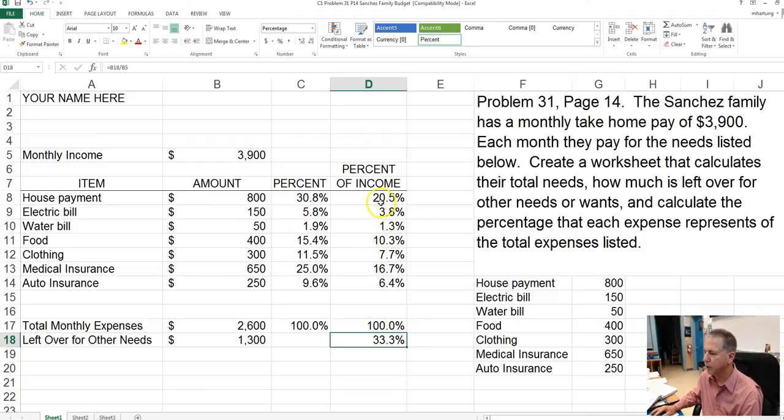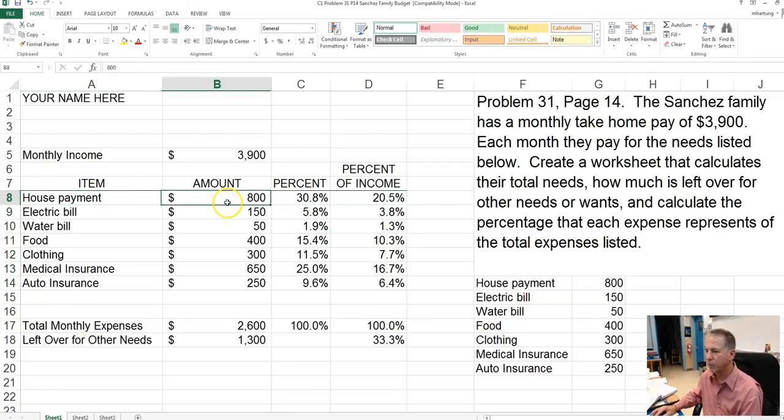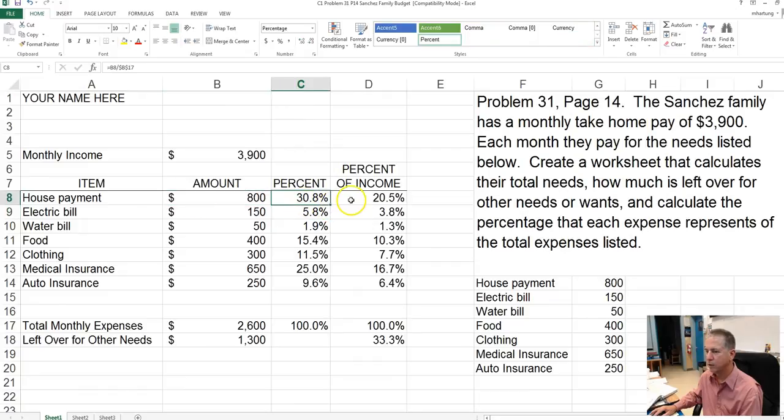Now take a quick look here, and just the last thing that I'll point out and why this is important is because when people loan you money, especially if you go to get a house loan, they're going to want to know the breakdown of your expenses, and in particular how a house payment will affect your total income. And so if these numbers get to be too big, it starts to get up to be 30, 40, 50% of your take-home pay, that becomes a problem, and they probably won't want to loan you the money for the house.